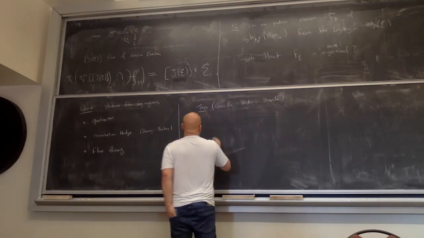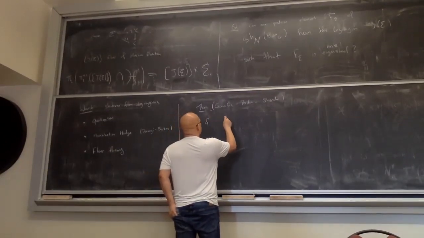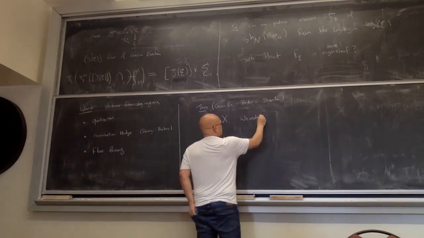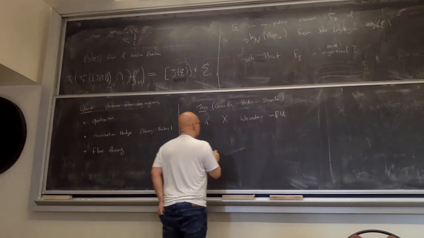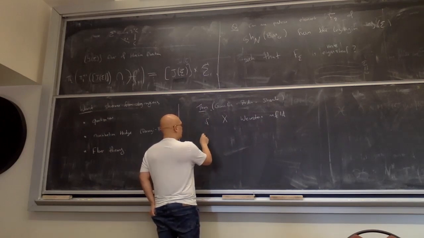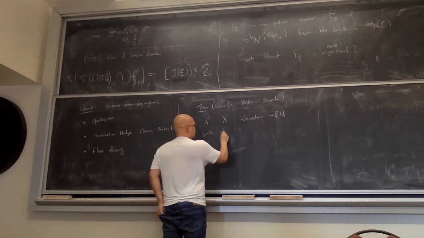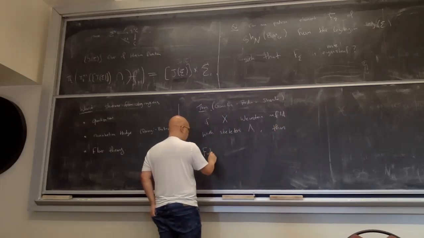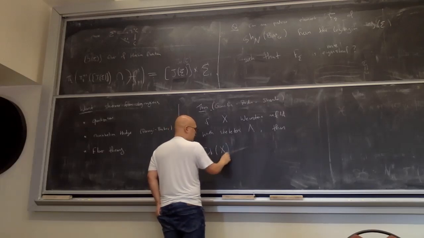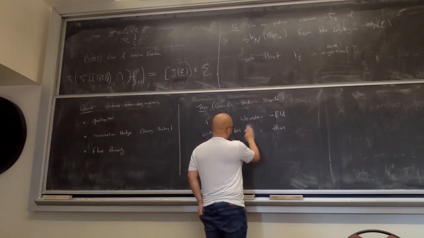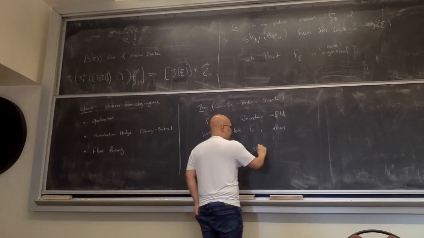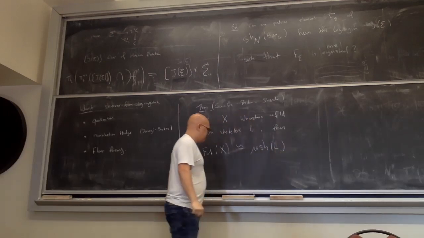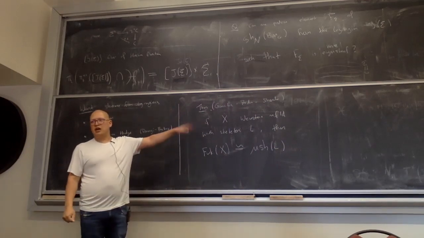The theorem says the following: if X is what's called a Weinstein manifold with a skeleton L, then the wrapped Fukaya category of X is isomorphic to microsheaves on L. There's some ins and ops there.